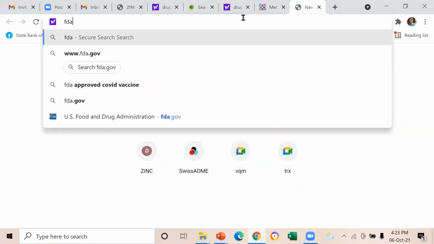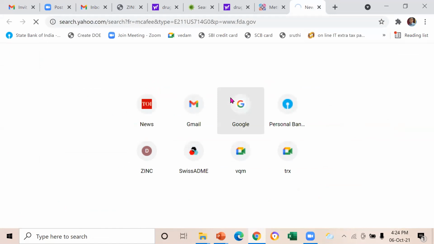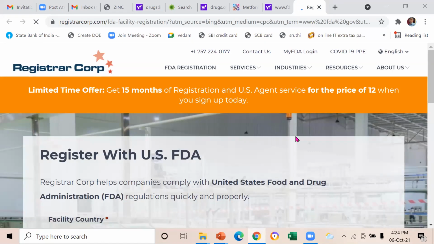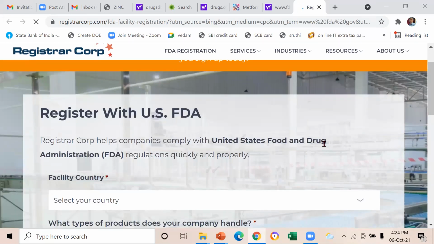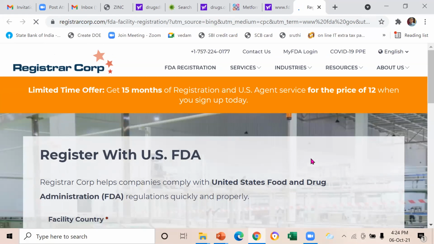And there is one more database which is called the FDA database, that is the Food and Drug Administration database, which is the US Food and Drug Administration database. Okay, so this is the Food and Drug Administration of the United States of America, and it gives you information about all the drugs that have been registered with them, whether approved or not.